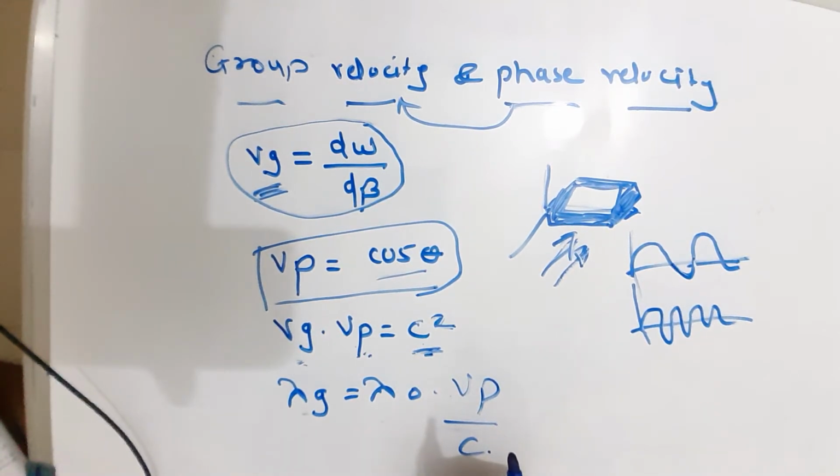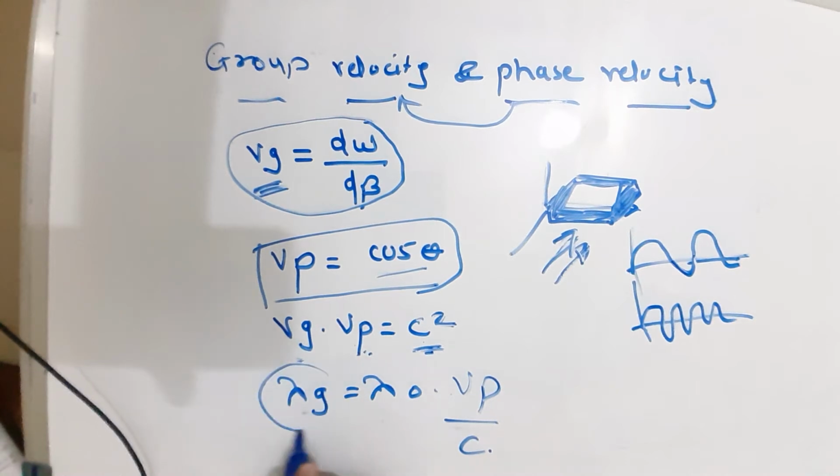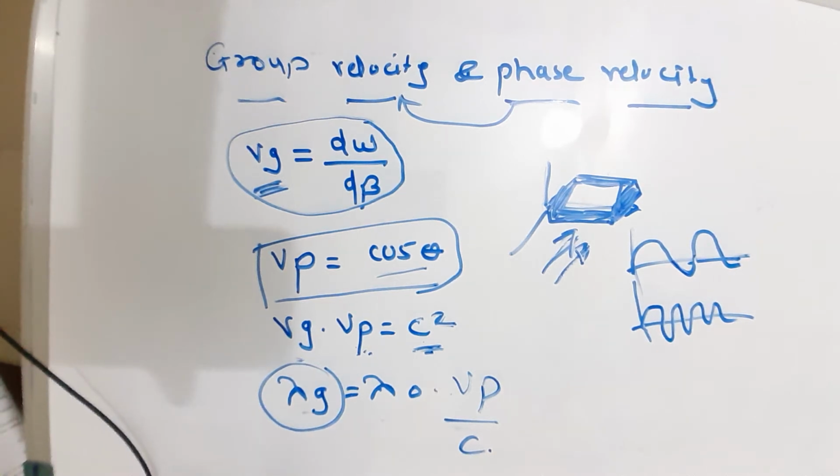Similarly, if you find the wavelength in the waveguide, because the phase velocity of a waveguide is greater than the velocity in free space, the wavelength will be greater in the waveguide than in free space.